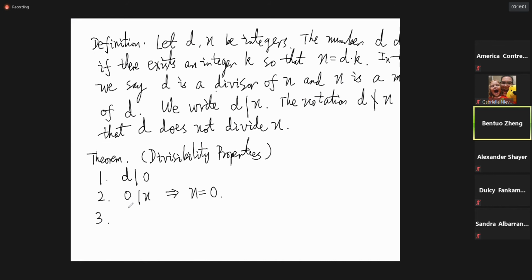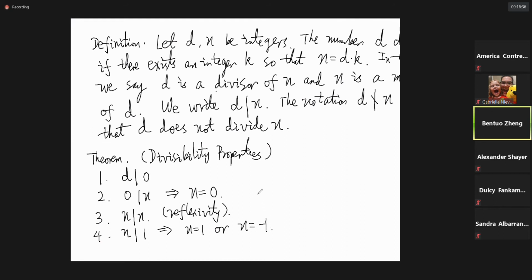Okay, number 3 is the reflexivity property. That is n divides n. So this is reflexivity. Number 4 is that if n divides 1, then this implies n equals 1 or n equals -1.